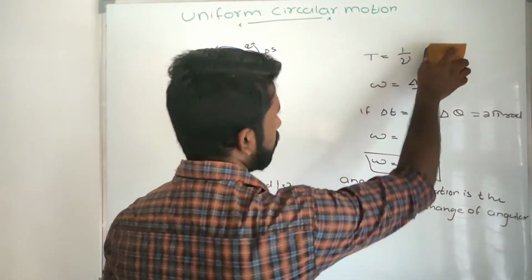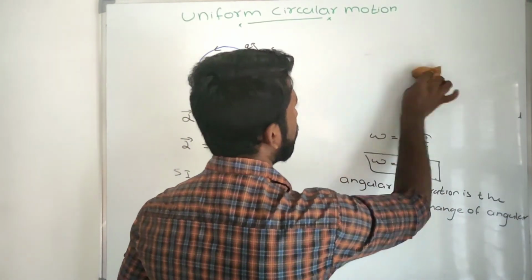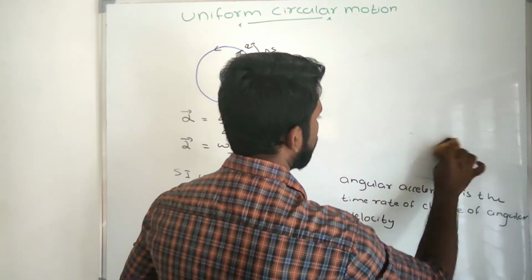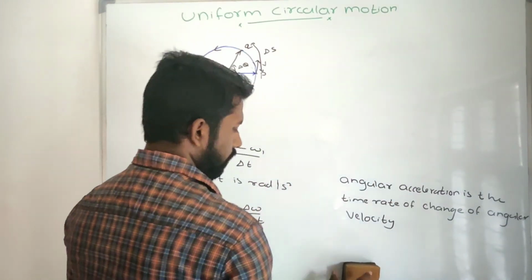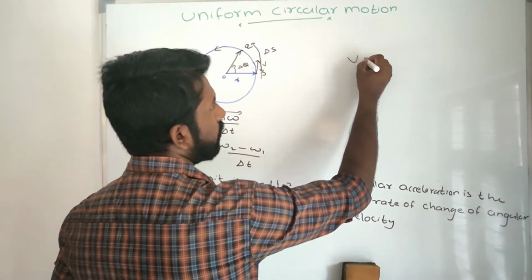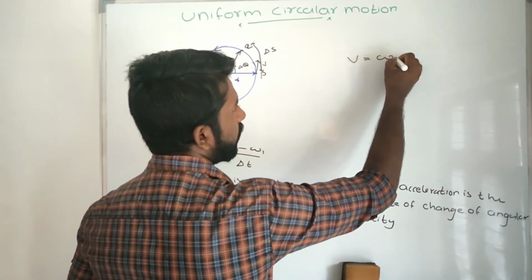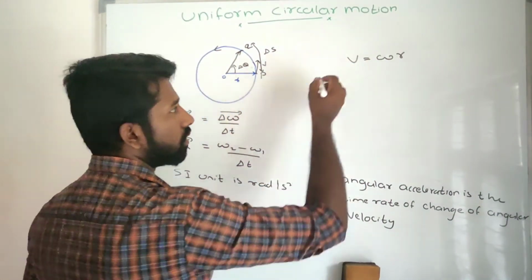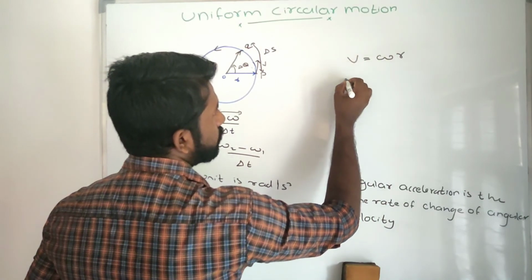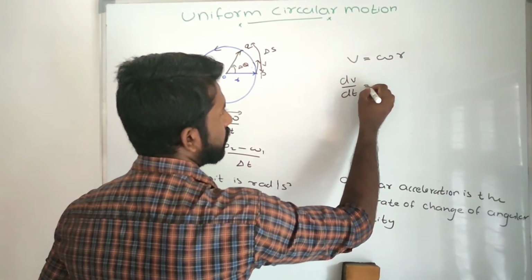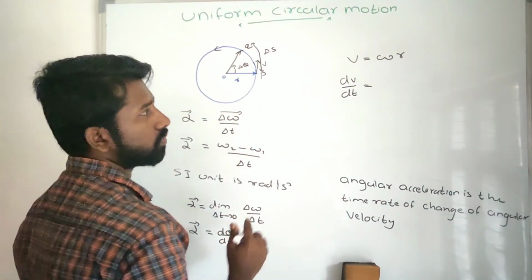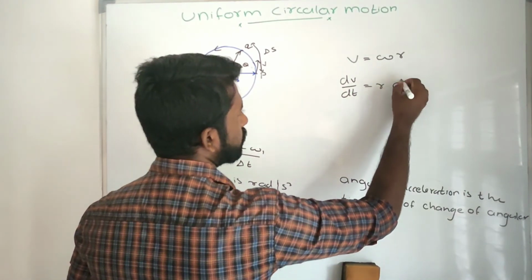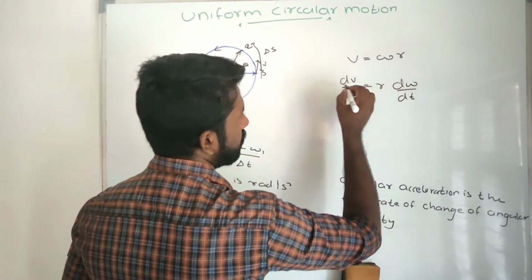Now we will see the relation between angular acceleration and linear acceleration. We already know that the linear velocity is equal to omega into r. In this equation, I am going to take the derivative on both sides. So dv divided by dt is equal to, r cannot change, it is a constant, so we can take it outside, d omega divided by dt.